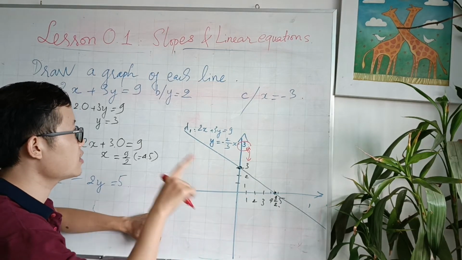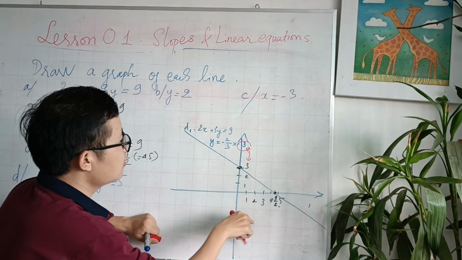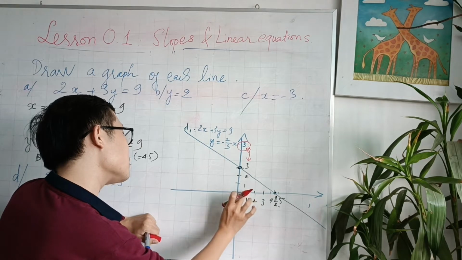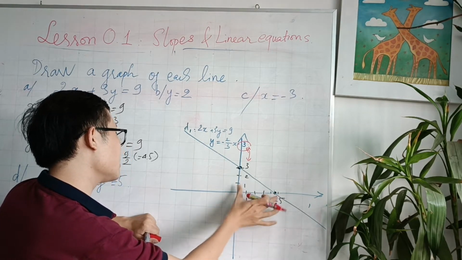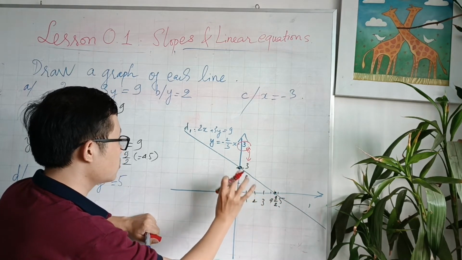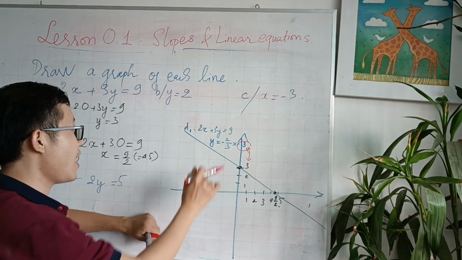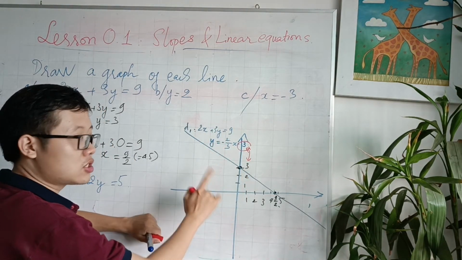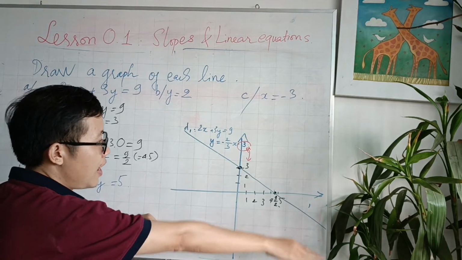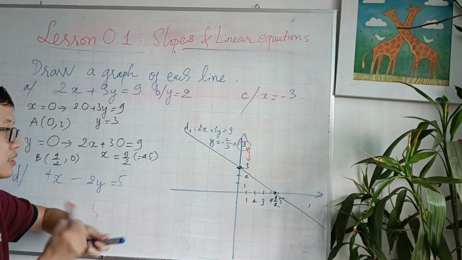So our rise is 2 and our run is 3. So we sketch the slope as 2 and 3 to the right, and it has a negative slope. So this line moves downward to the right. Okay, easy for you.